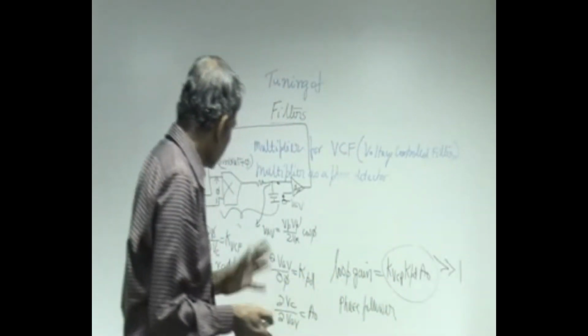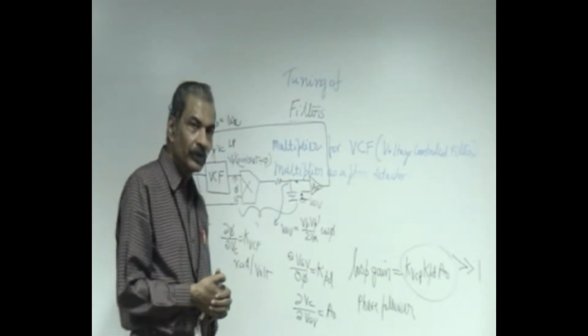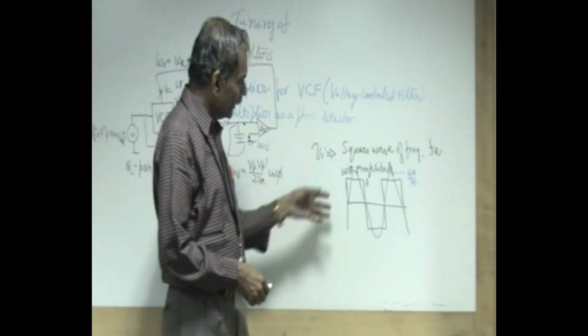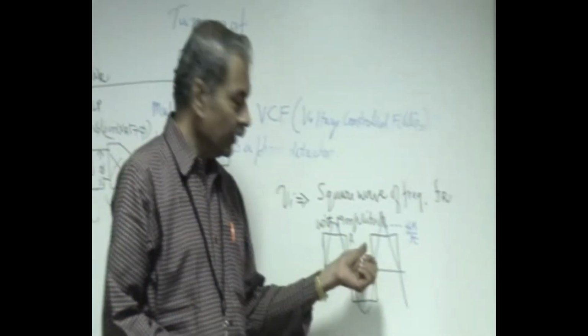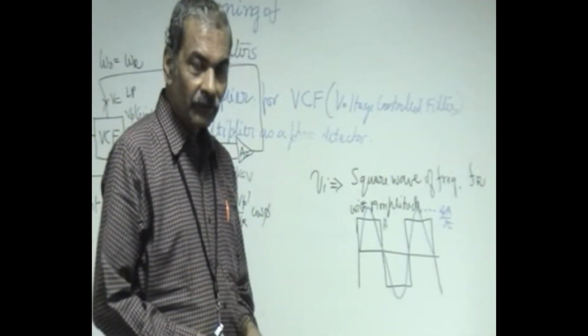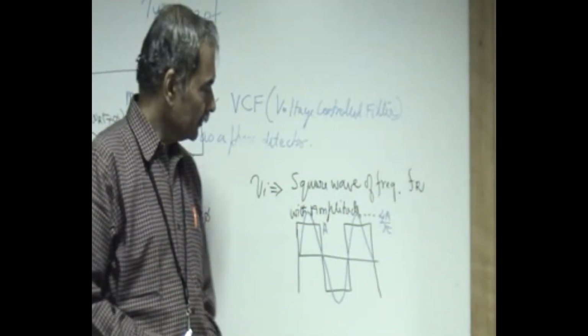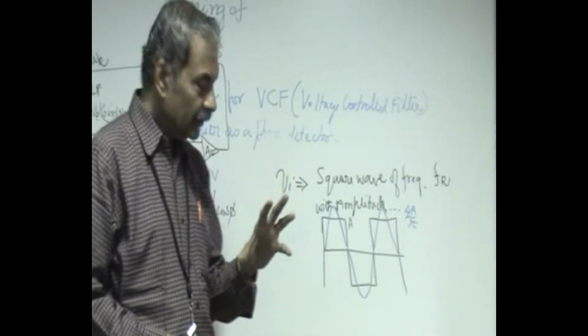So this has now become very, very important as far as application is concerned in tuning of filters. So suppose we give as the input to the self-tuned filter a square wave of amplitude A now, and the frequency can be anything, right? Let us say it is FR. It automatically gets tuned to FR. What does it mean?